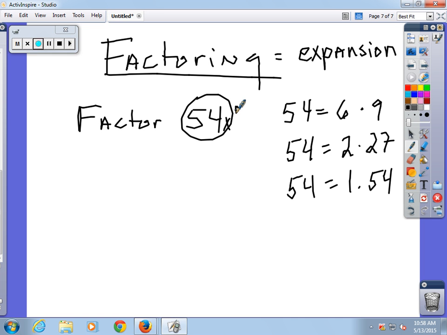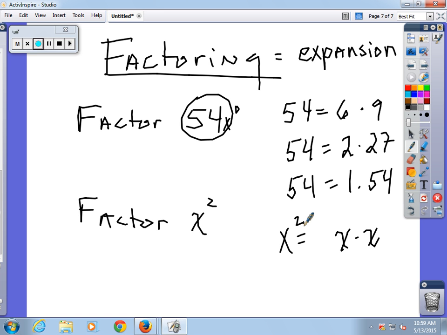So, grammar school. Then you went to junior high school and you got pre-algebra. And they said factor x squared. And you said x squared is equal to what? X times x. And you just factored it. And everything was hunky-dory.